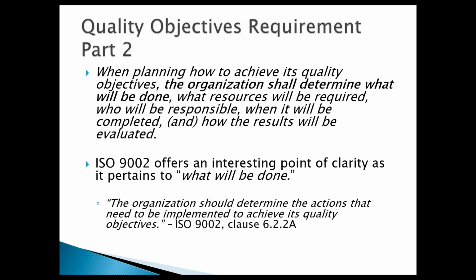And that is that the organization should determine the actions that need to be implemented to achieve its quality objectives. So this is the organization as a whole taking action. Objectives are not supposed to be passive, like, well, let's set this objective and hope we get there. This is supposed to be something that you're very actively engaged in and working to accomplish.